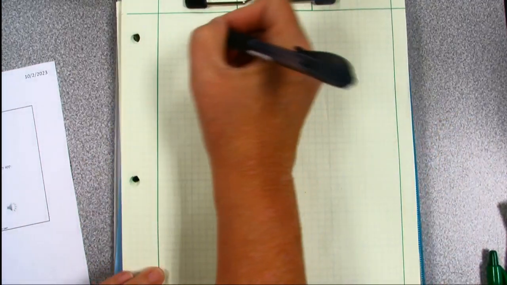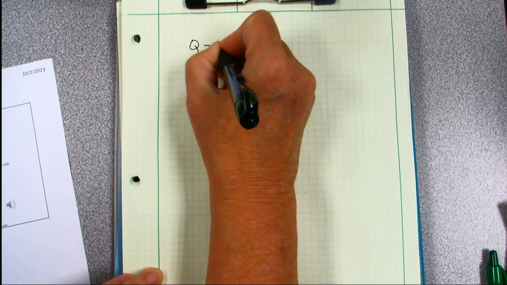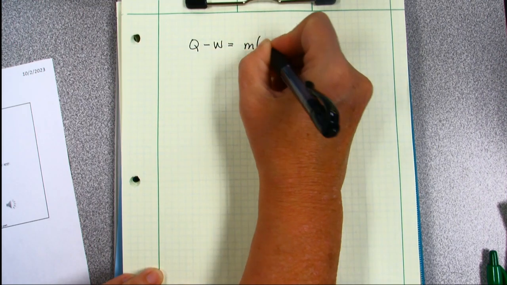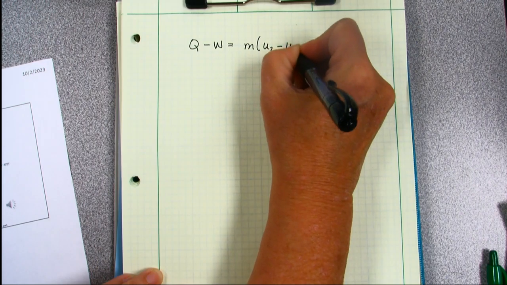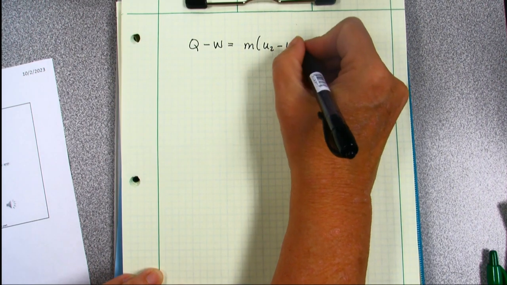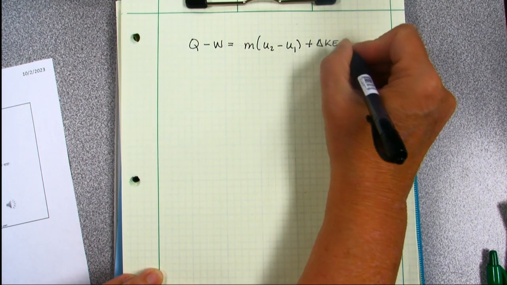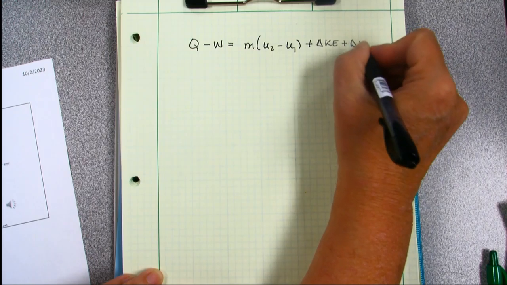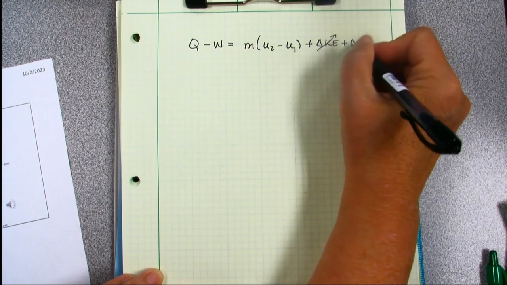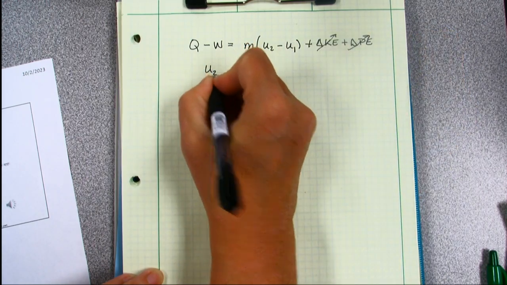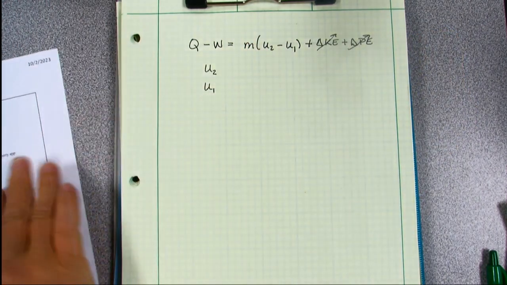This time we have to do Q minus W is equal to mass times U2 minus U1 plus delta KE plus delta PE. Those go to 0. I need U2 and I need U1.